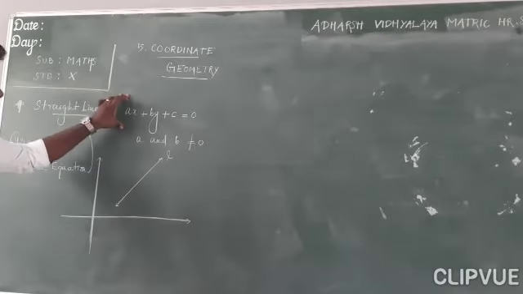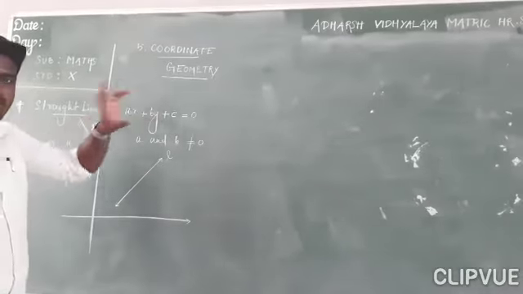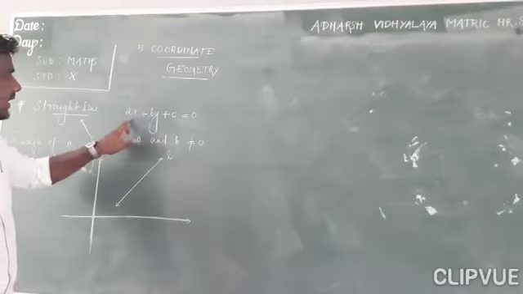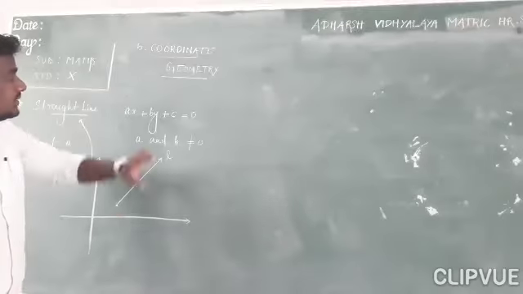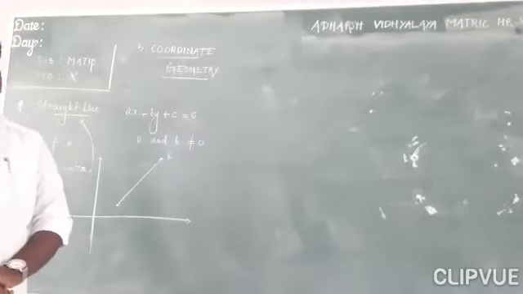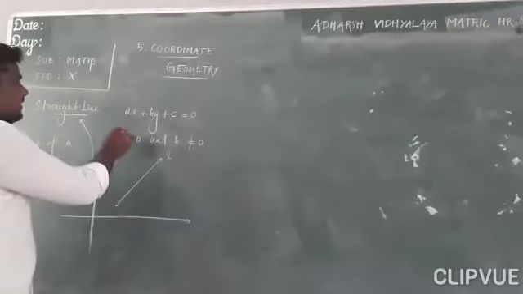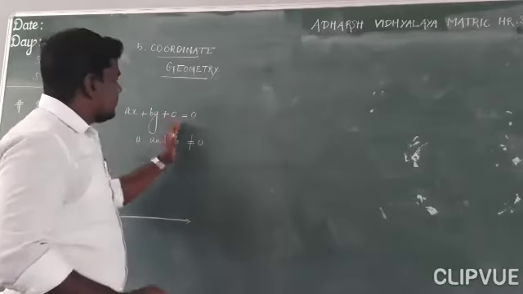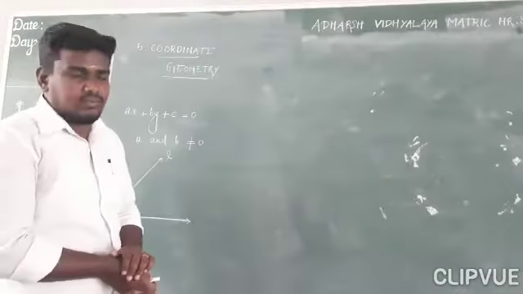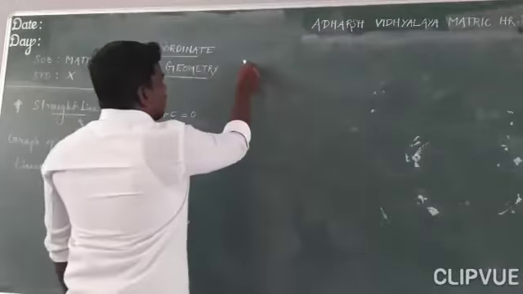Here I took a linear equation with two unknowns, namely x and y. The c is the constant term. So a straight line equation generally we take as ax plus by plus c is equal to 0. Right. Let's move on to the next one.